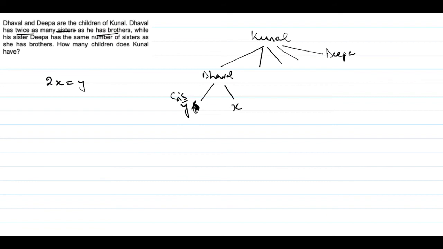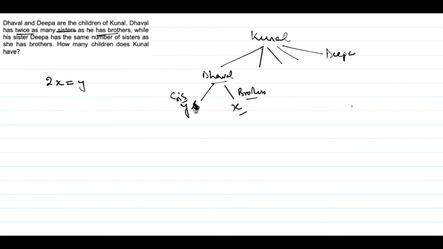So the number of brothers is x, and the number of sisters will be 2x. Now if I talk about Deepa, if Dhaval has x brothers, how many will Deepa have? x brothers means Dhaval and his x more brothers.